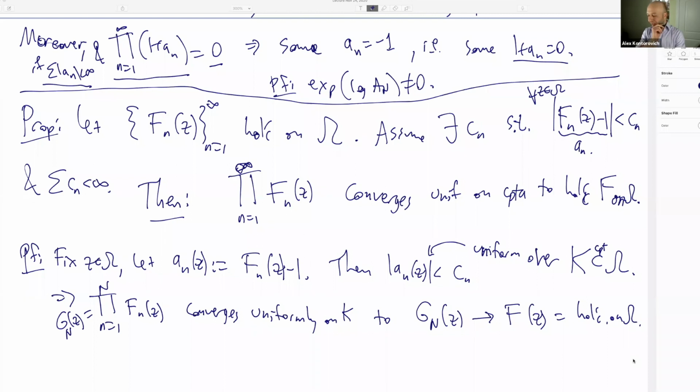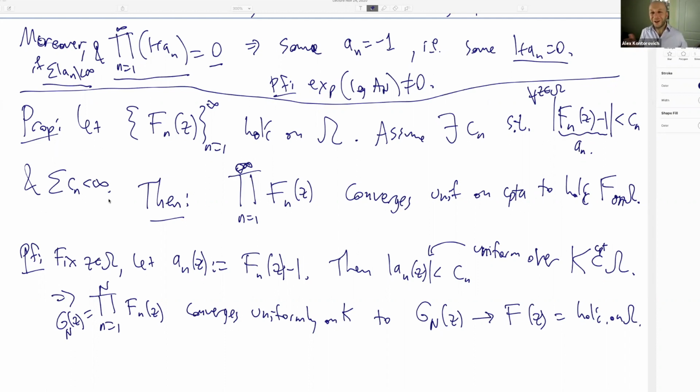Where do we get the uniformly from? The uniform is that this didn't depend on what z was. I mean, I assumed uniformity, basically. I'm saying assume that there's a constant independent of z, so that every z in omega has fn at z minus 1 be bounded by this constant. And the series of the constants converges.